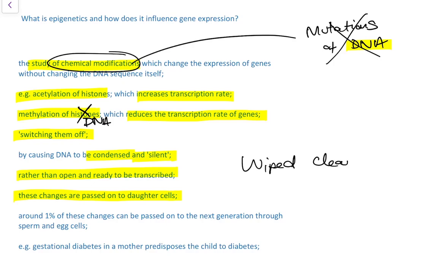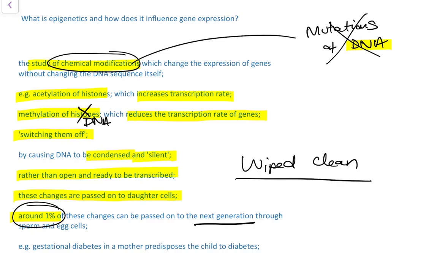When you made sperm and egg cells, it would wipe clean all of these changes. And that's true of almost all the changes, but studies now suggest it could be about 1% of methylation and acetylation could be passed on to the next generation.